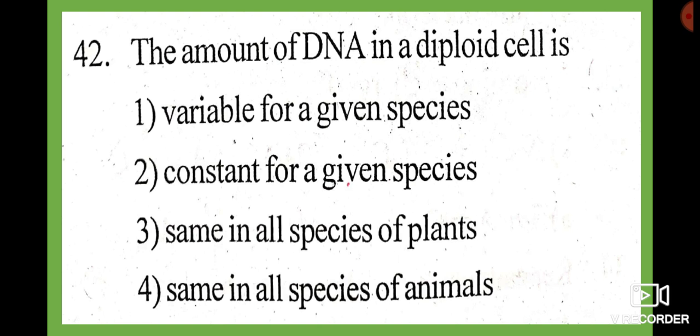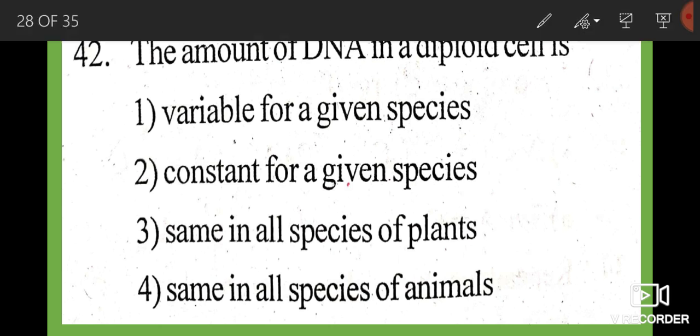Question number 42. The amount of DNA in a diploid cell is. The right option is 2. The amount of DNA in a diploid cell is constant for a given species.